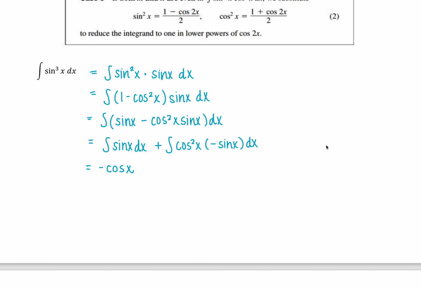Here, I'm going to do a u substitution. So if u is equal to cosine x, then du is negative sine x dx. And that explains why I put the negative with the sine there. So I've got u squared du.